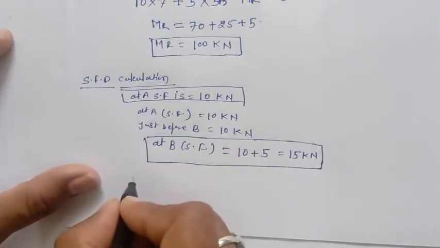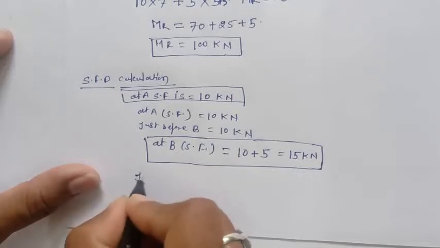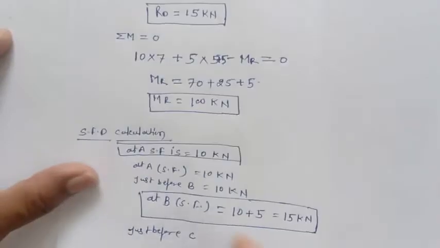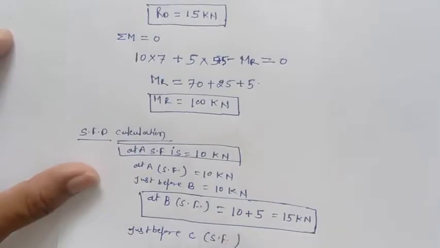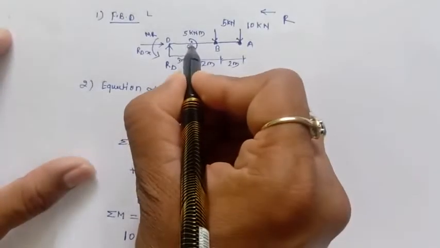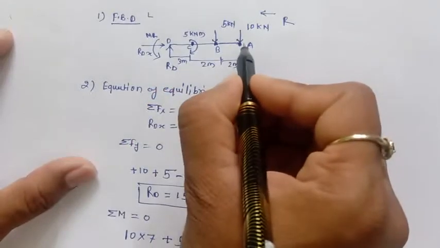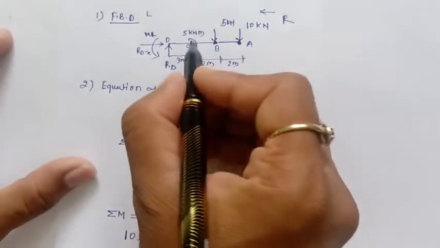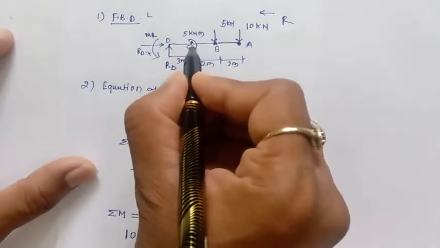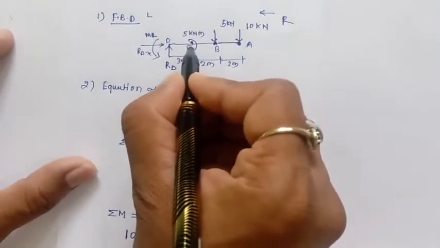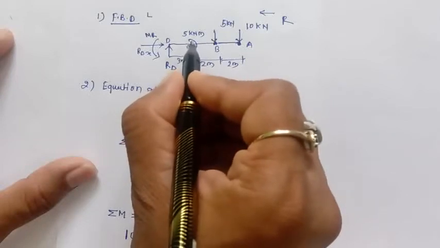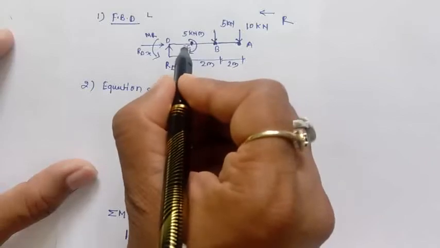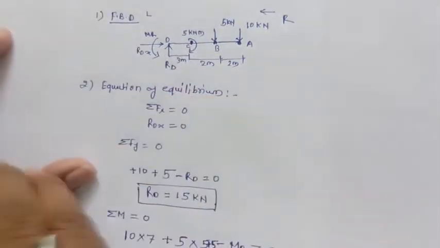At C, just before C, whatever the value is there, that is 15 kilonewton, will be constant up to just before C. At C, because this 5 kilonewton moment is there, but since it is a shear force diagram, the moment will not be considered, only the vertical forces.